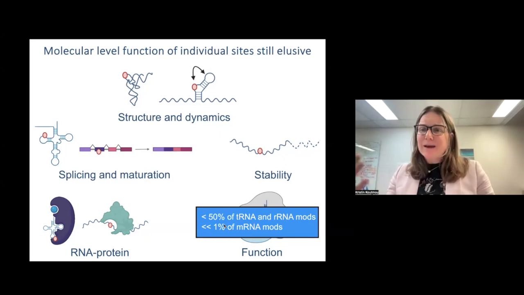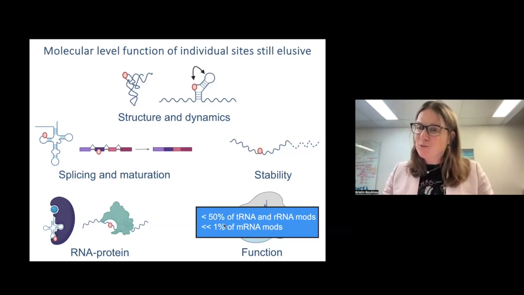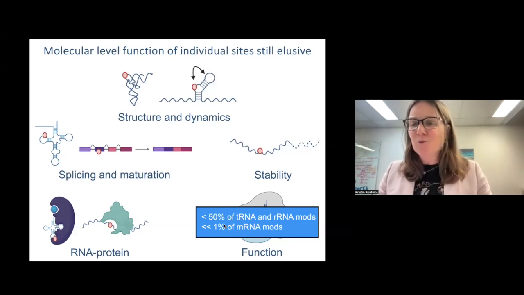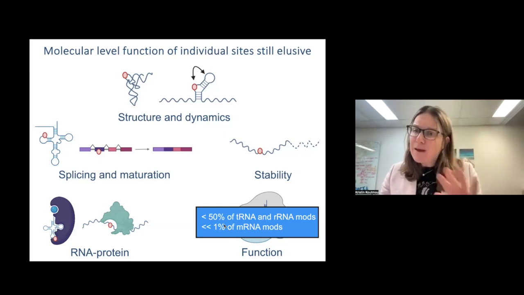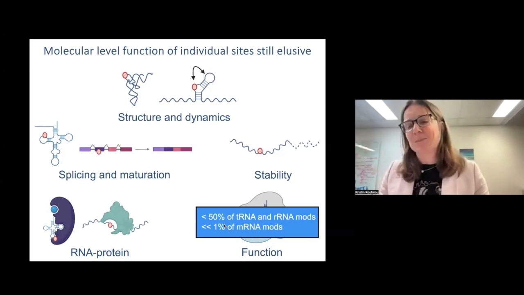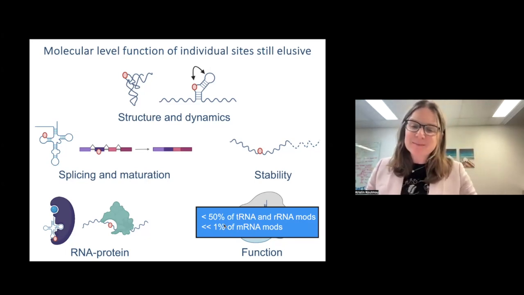Just to give you an idea, even though we've been studying tRNA and rRNA modifications since we more or less discovered the ribosome, we know what far less than 50% of those modified sites do. This was alluded to earlier this morning when someone, I can't remember who, asked a question about the tRNA body modifications, for example. We still don't know exactly how they're contributing to protein synthesis.